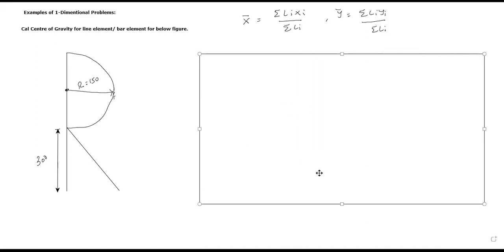First, now this methodology will remain same for every example, either it is a 1D element or 2D element. Okay.